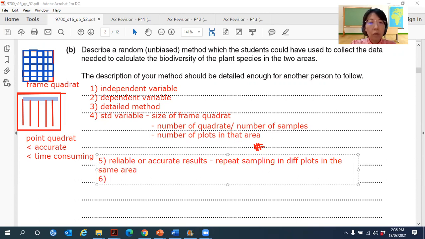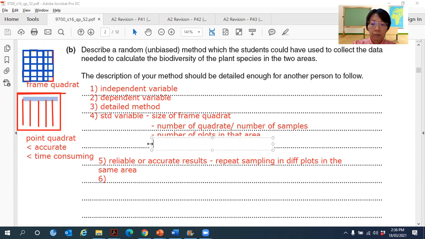Okay. There's one more thing you want to standardize here. Now you are sampling the plants of the 2 areas, right? So you know that the presence of plants and the condition of plants will change with season. So one of the standardized variables is you may want to sample in the same week or same month, okay?